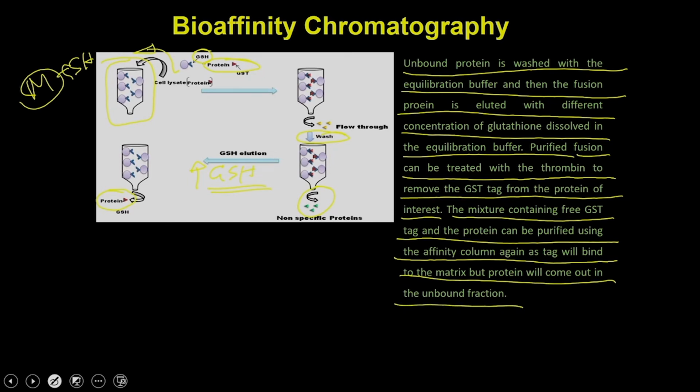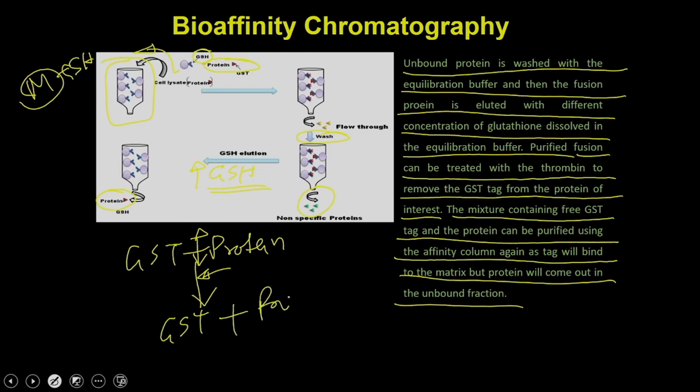So, once you have this GST bound protein, you can utilize a protease, and that protease is going to cleave the bond between the GST and the protein, and ultimately you are going to get GST plus protein. And now you again utilize the same GSH column.